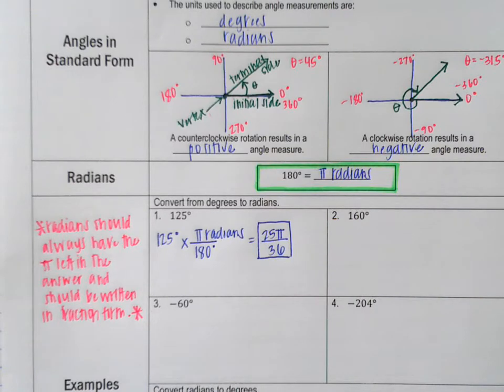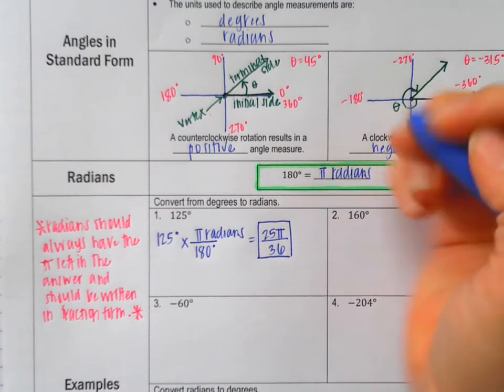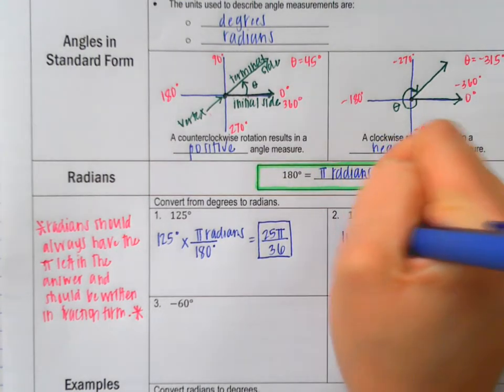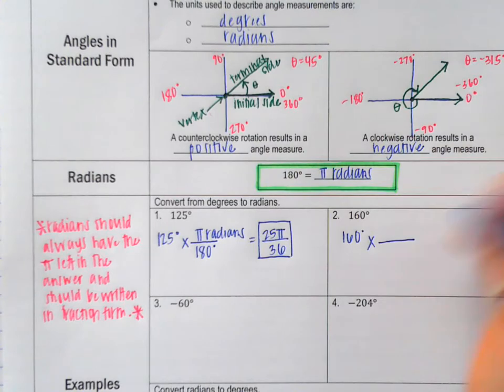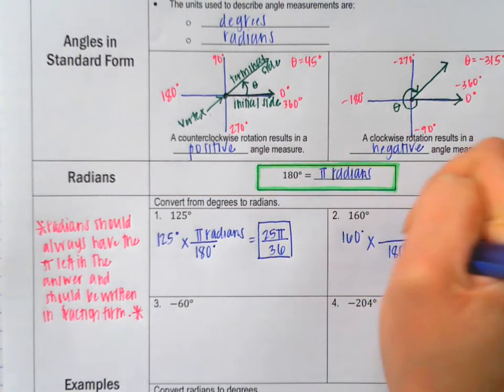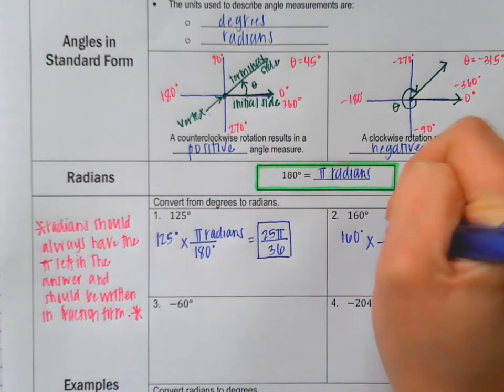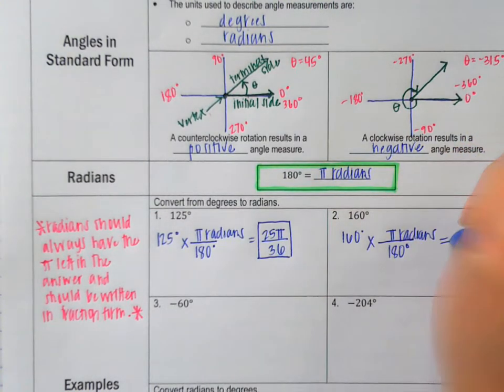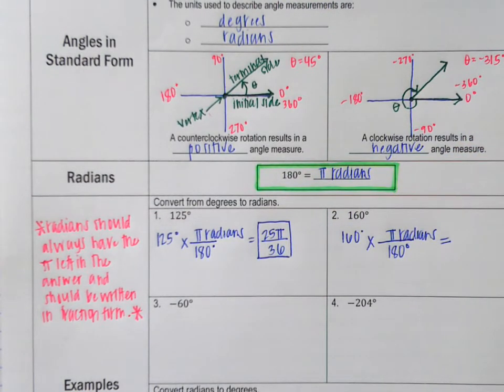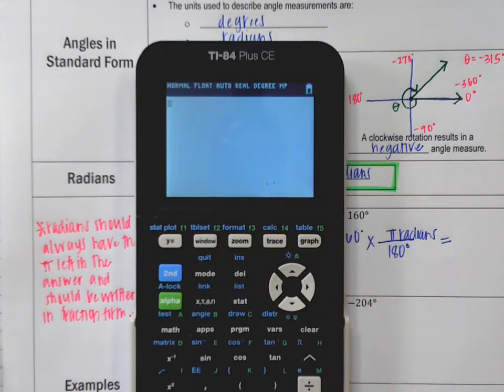Okay, so hopefully you're checking your work. We would be taking degrees and converting to radians. So that means we're trying to get rid of degrees. So 180 degrees is equal to pi radians. And again, we just do that in our calculator. You can do it in your head too. I think a lot of you can simplify that in your head.